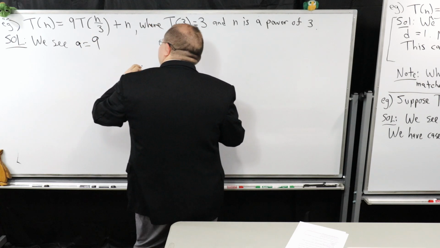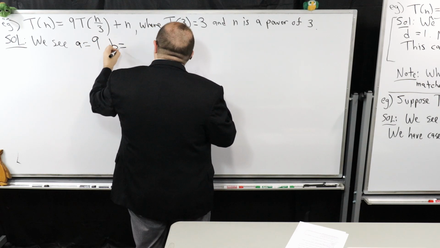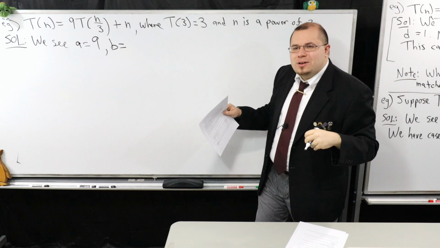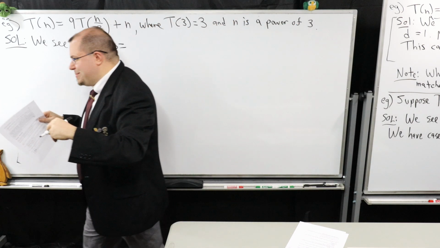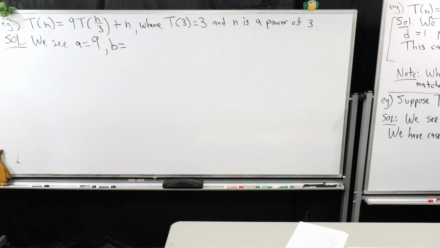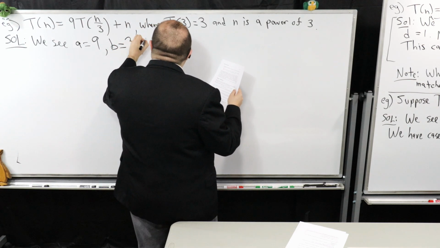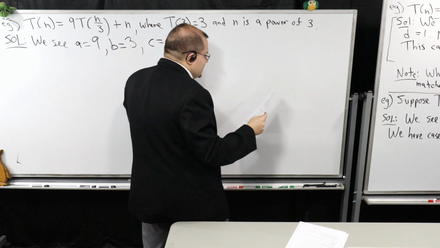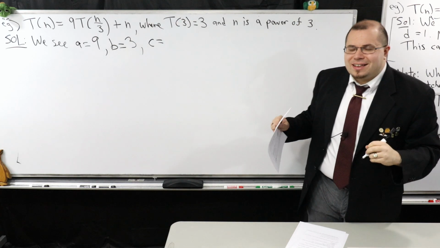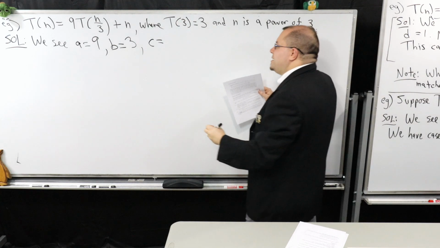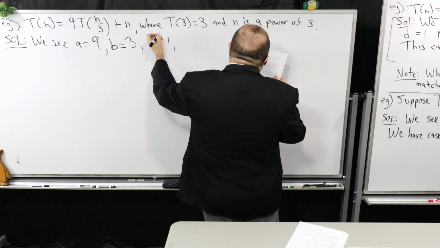A is 9. Okay, B. What's B? It's 3, exactly. C, somebody tell me what C is. Yeah, it's just 1.